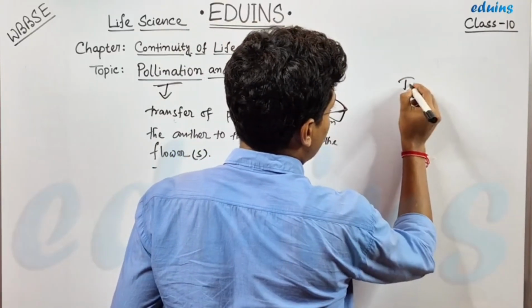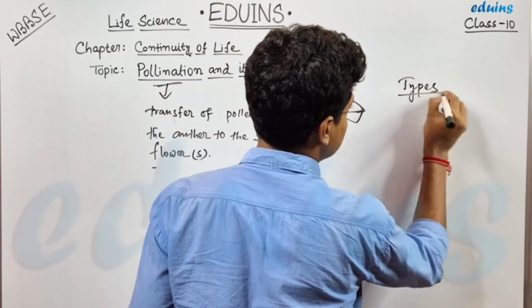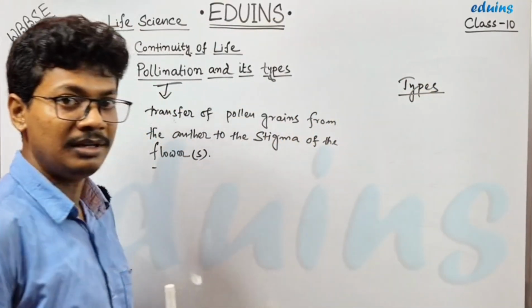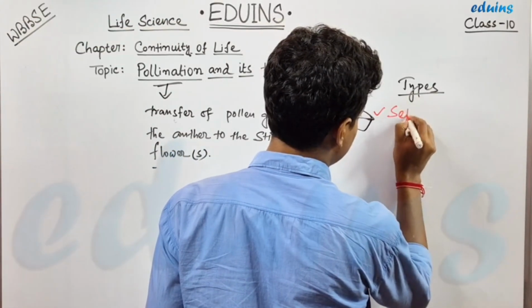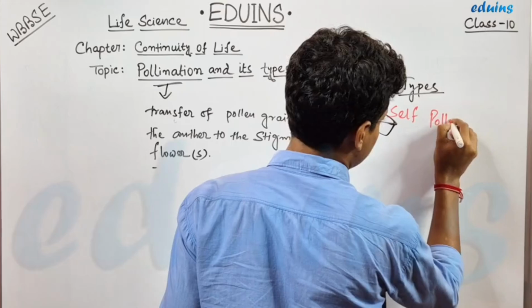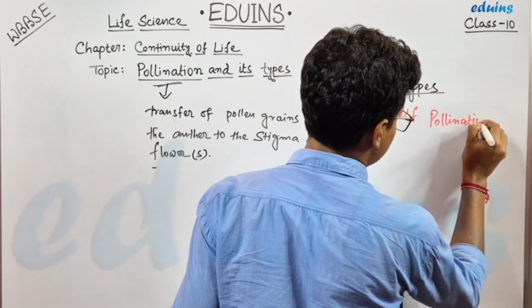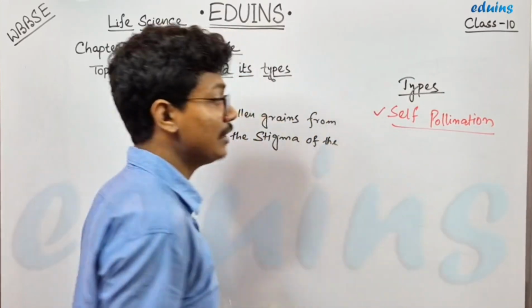The types of pollination. The first one is self-pollination. What is self-pollination?